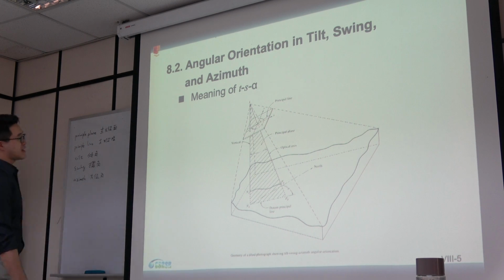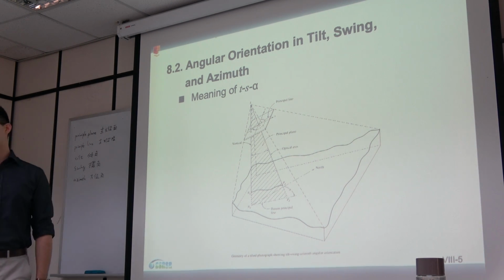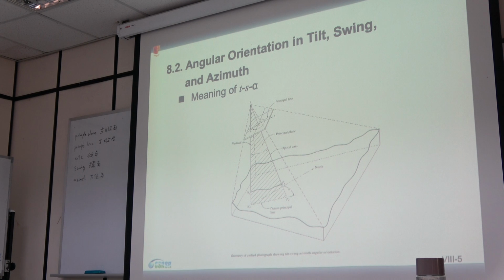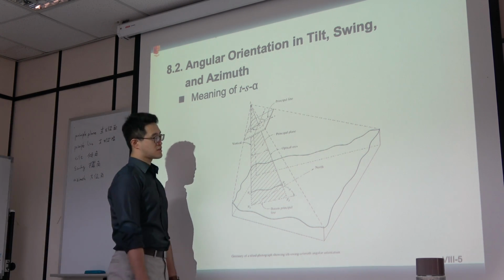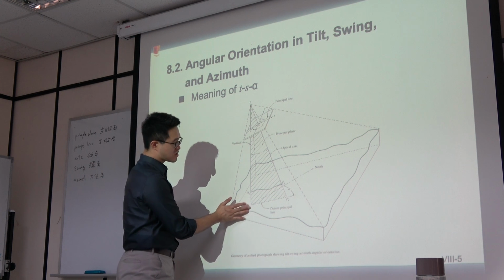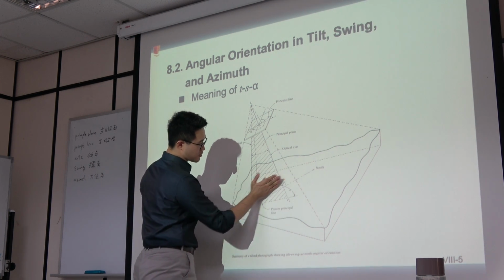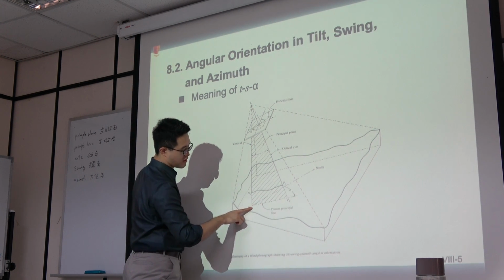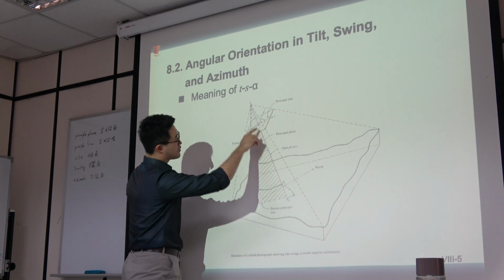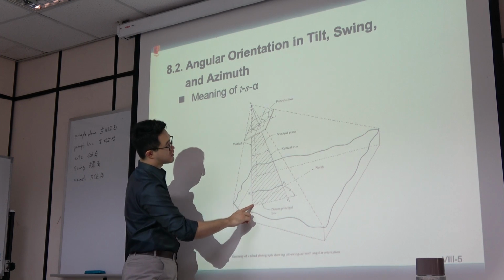And the last one, azimuth. Azimuth is what people should already know. The azimuth is the 方位角. Which means that you start from the north, and then go to your principal plane. Right? So here is the north direction, and of course you draw it from the vertical line.